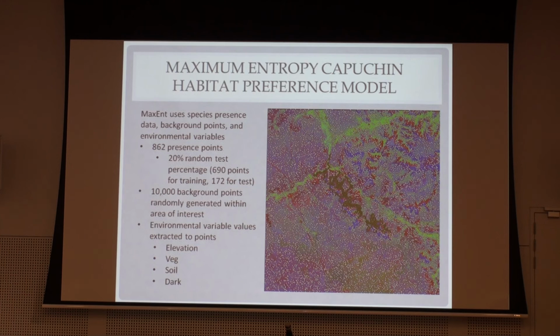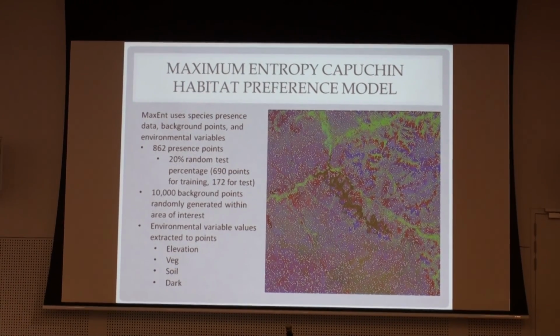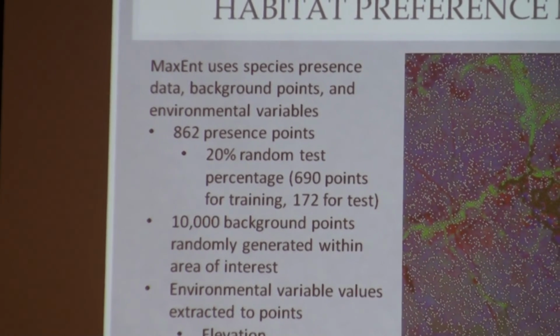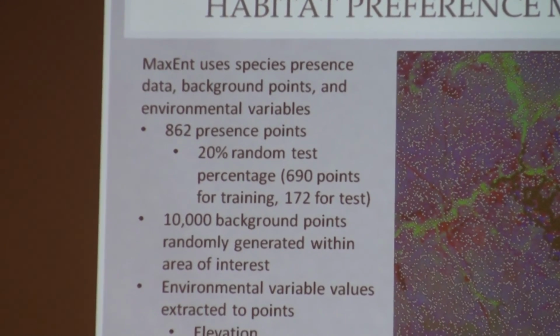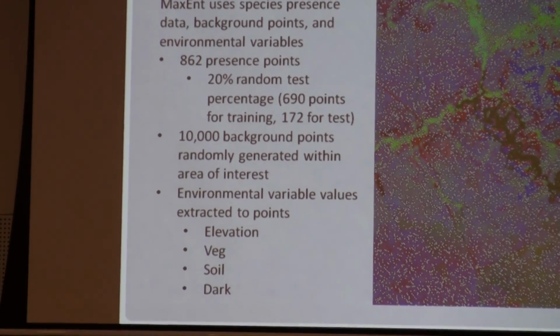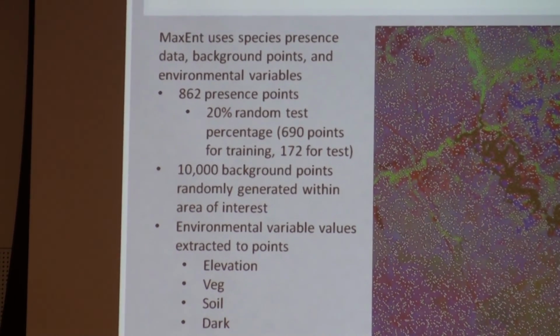So in creating the MaxEnt model, we had those 862 presence points that I mentioned before. We set aside 20% of those for a random test, and generated 10,000 background points over our area of interest. Those background points function to inform the model of the environmental variability in our environmental variables. So across the home range, how much do green vegetation, soil, shade, and elevation vary?